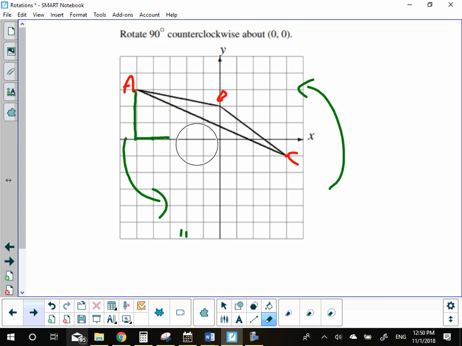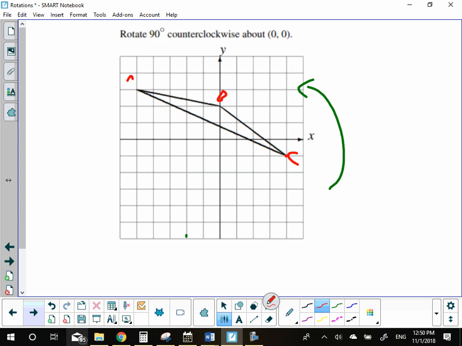Take a look at this a little bit differently. It's fine. So we can think of this as being like a right triangle. So if you think about that, this is going 1, 2, 3 up. This is going 1, 2, 3, 4, 5 over.